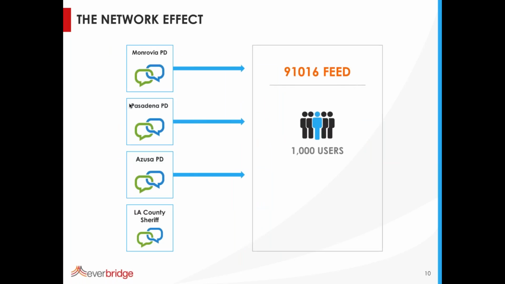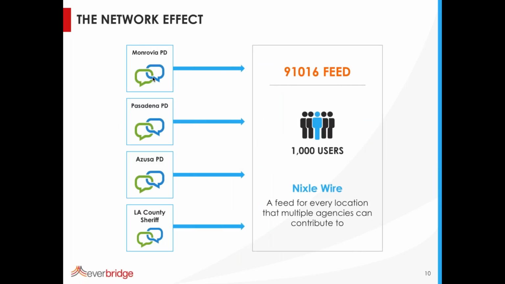And equally important from an agency's perspective, let's say there are 4 agencies and they have access to the same 1,000 users. Now imagine if a 5th agency or a 6th agency came on board tomorrow. They would not be starting with 0 users.